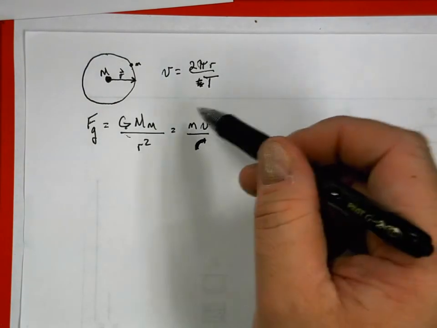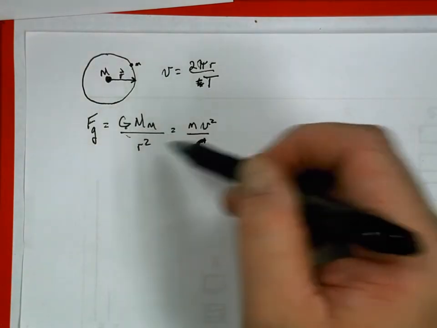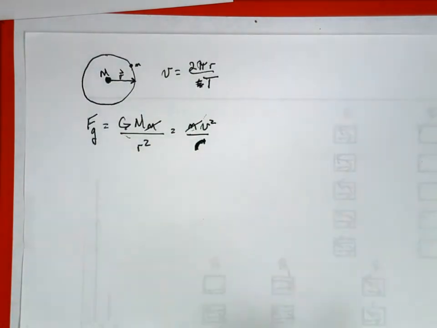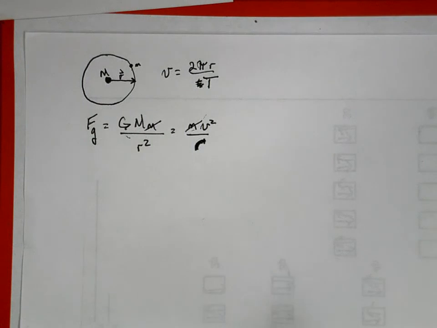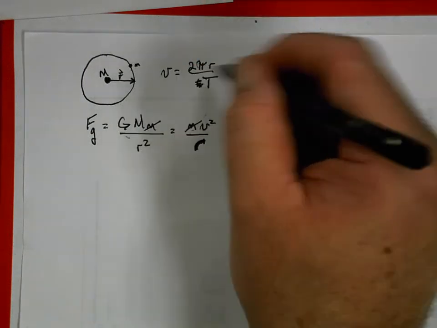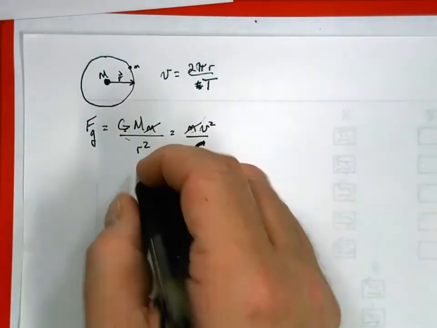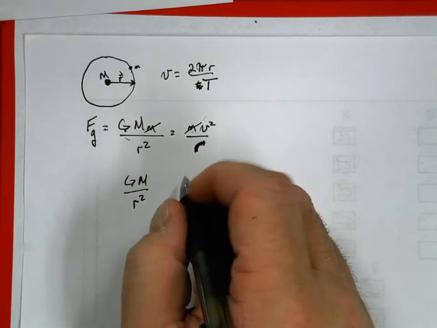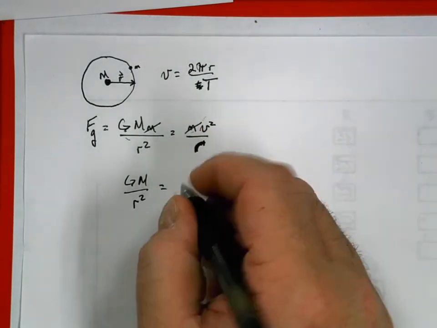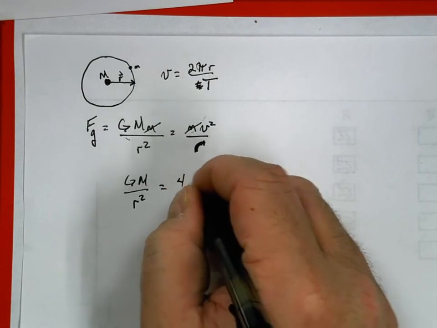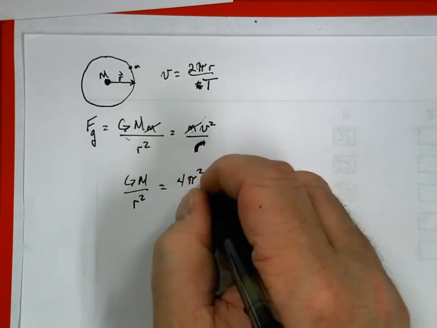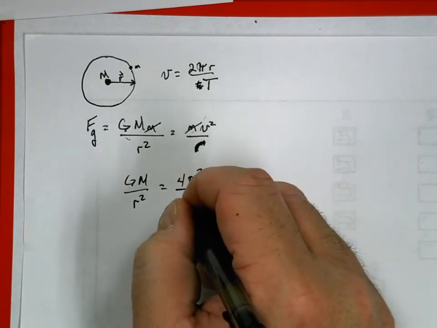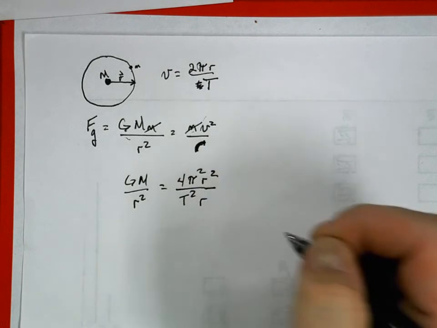So what do we have here? The force of gravity equals our centripetal force. Well, we can get rid of the masses on both sides. We don't need those. And our velocity is this guy up here. So we have GM over r squared is equal to, and we're going to square this whole thing, 4 pi squared r squared over T squared r.